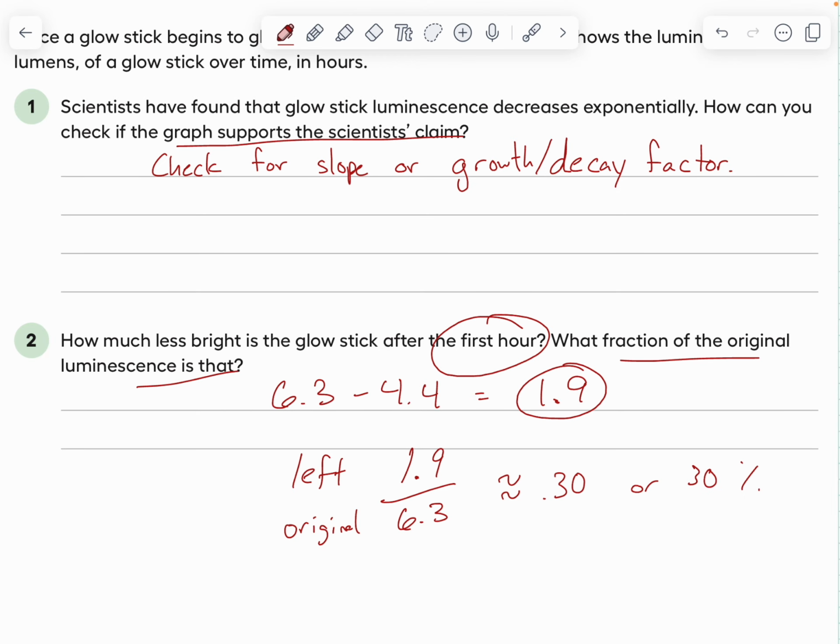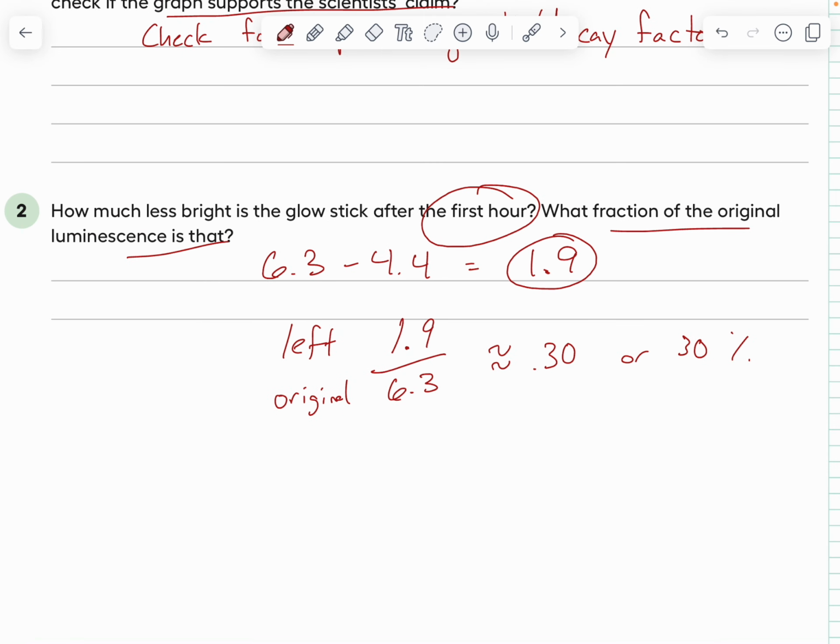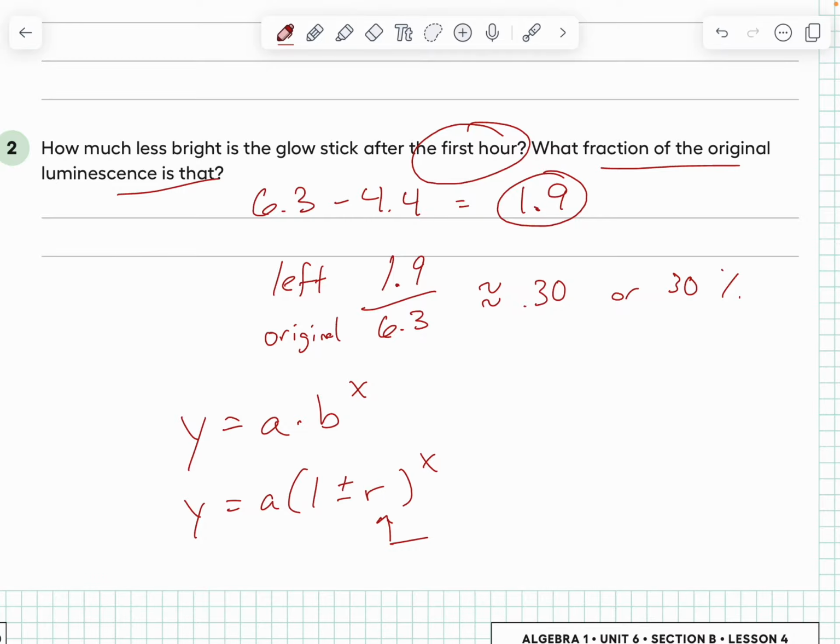Okay. So one thing I want you to take away from this, we haven't talked much about this, but there are two ways to write an exponential function. You could write it like this, like we did the other day, or you could write it like this, where the R is what we call the rate of change. And we'll talk more about this next week as well. But basically, that rate of change is how much it's going down by, right?